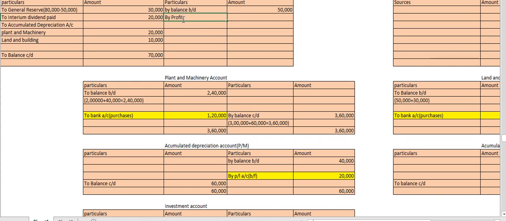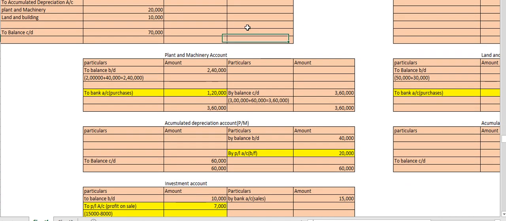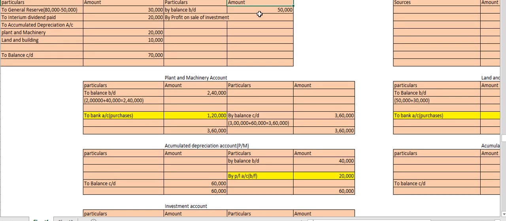By profit on sale of investment, the amount is 7,000. Why are we transferring this 7,000 to the profit and loss adjustment account?